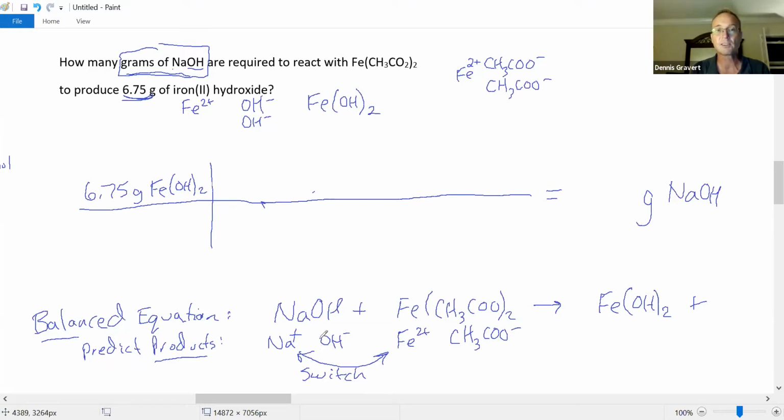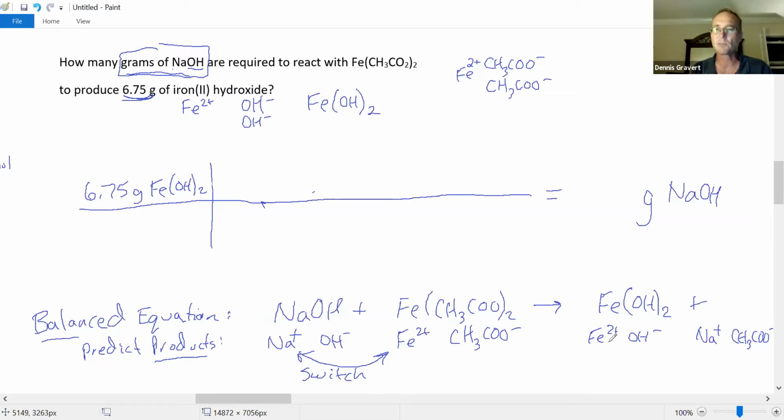Meaning that, hey, sodium, leave hydroxide and go pair up with acetate. And iron, you go hang out with hydroxide. And it turns out the problem told us what the first product was. It's iron hydroxide. And I hope that makes sense.